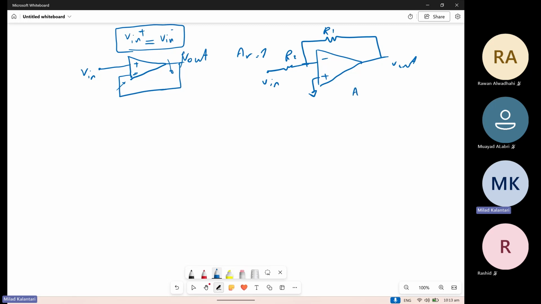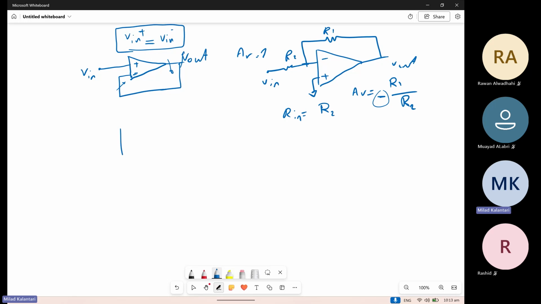It can provide a gain of R1 over R2, but it will be negative gain, so we say this is an inverting amplifier because of this negative sign. And this op-amp, the input impedance is R2, so it's not infinity.